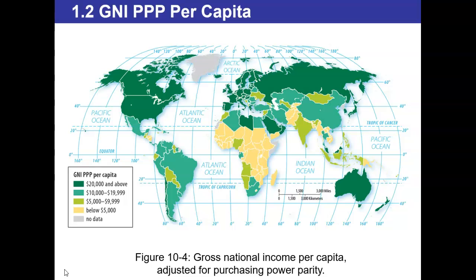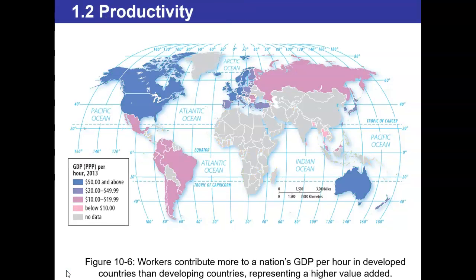This map is going to show gross national income per capita adjusted for purchasing power parity. As you can see, purchasing power is a lot higher in your more developed countries, and it's much lower in your less developed countries.